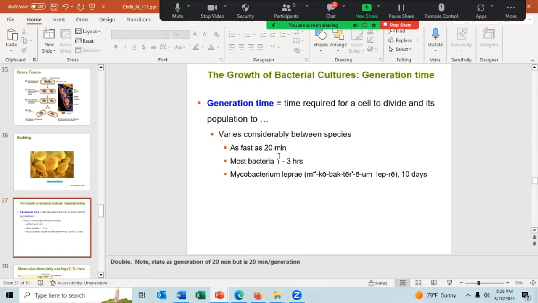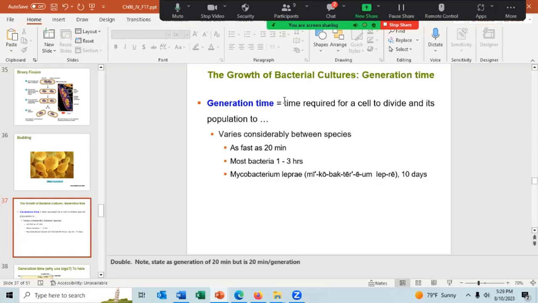Most bacteria have a generation time between 1 and 3 hours. But Mycobacterium leprae, the bacterium that causes leprosy, has a generation time of 10 days. So it takes this cell 10 days to go from one cell to two cells.